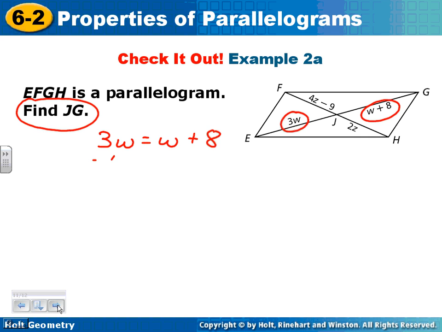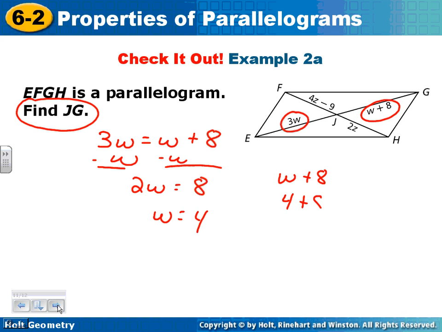If I subtract W from each side, that means 2W is 8, or W is 4. And don't forget, 4 is not your answer. Plug it into W plus 8, which would be 4 plus 8, and 12 would be the answer I want. Don't forget to plug your variable back in.